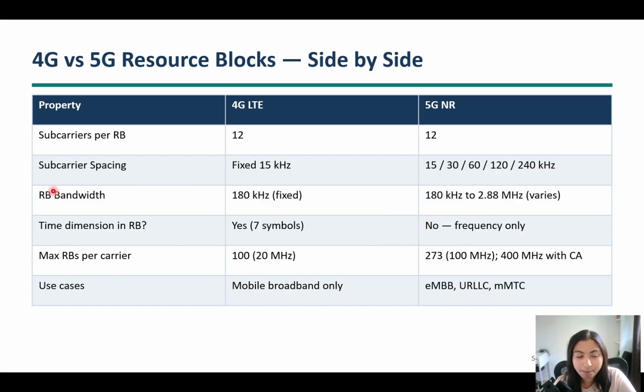The resource block bandwidth for 4G is fixed at 180 kHz, whereas for 5G it varies from 180 kHz to 2.88 MHz based on the subcarrier spacing that is used. The maximum number of resource blocks per carrier is fixed at around 100 for 4G, whereas this can go up to 273 for 5G. The use cases for 4G and 5G differ as well.